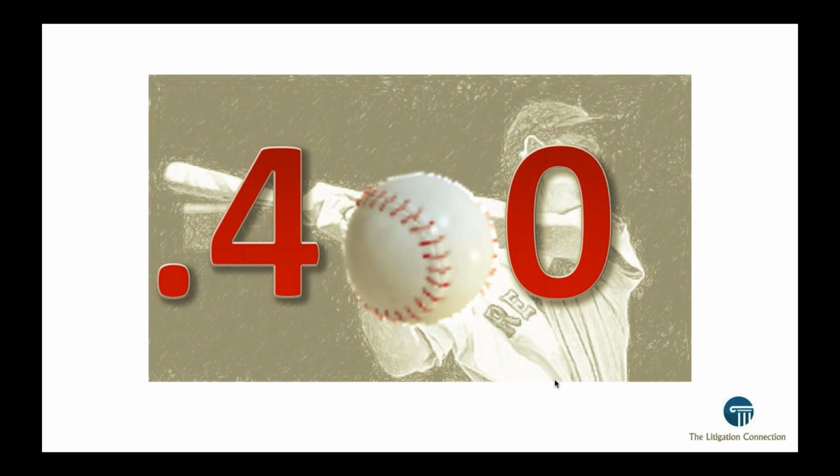And for you accountants out there, hitting .400 is an extraordinary number in baseball. But not only was Ted Williams one of the greatest hitters, he also had more walks than anybody in baseball, so his on-base percentage was off the charts. The only other player that came near him was Babe Ruth.